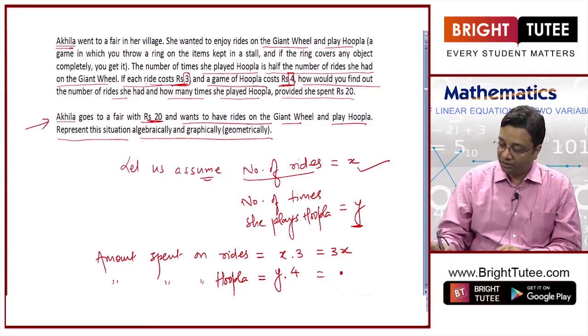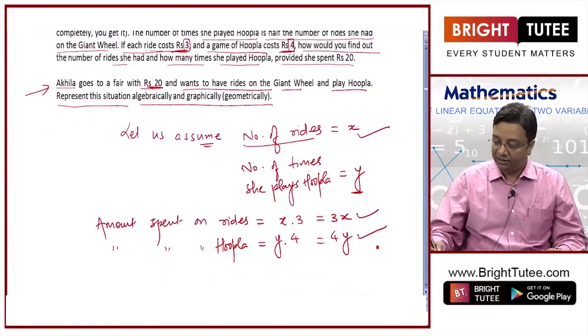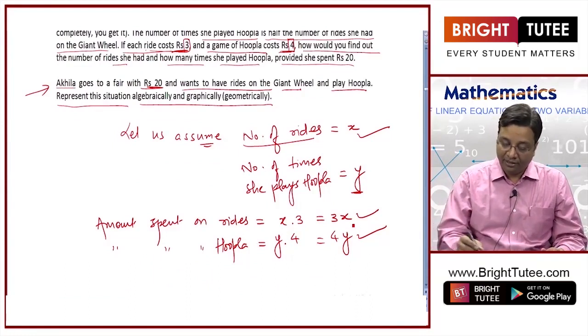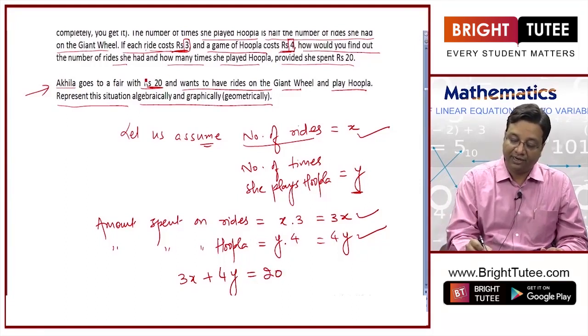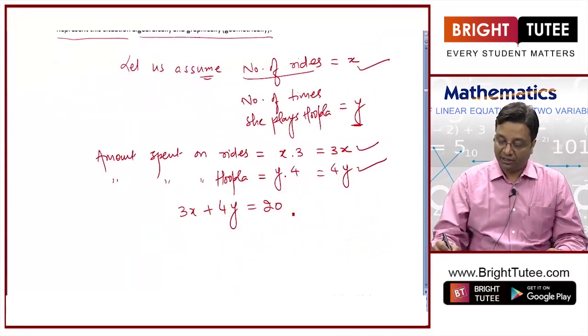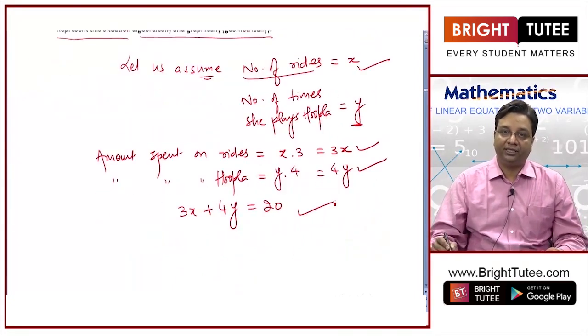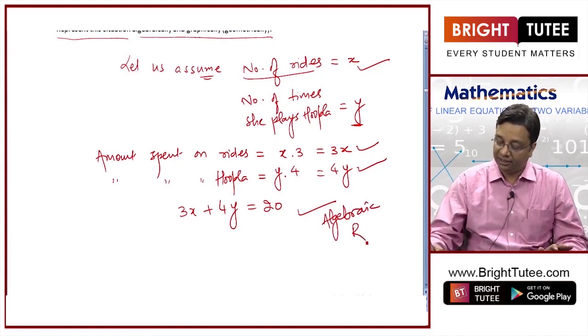So y into 4, we can write it as 4y. And this is the total amount that she has to spend. So 3x plus 4y is equal to 20 because she went with rupees 20 only. So this is how you can represent this situation algebraically. This is the algebraic representation.